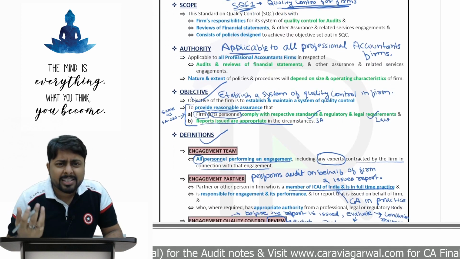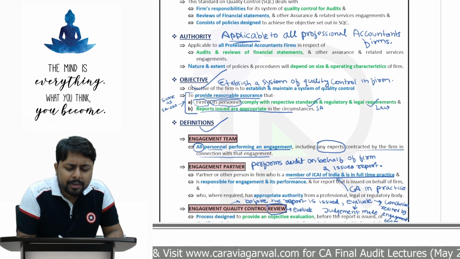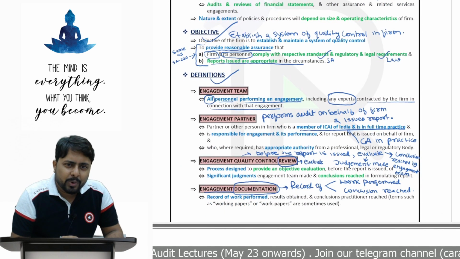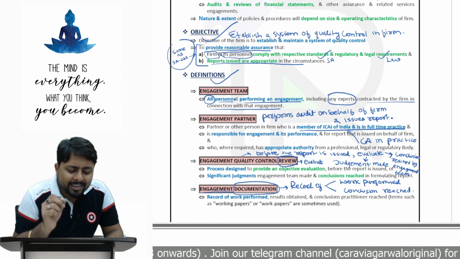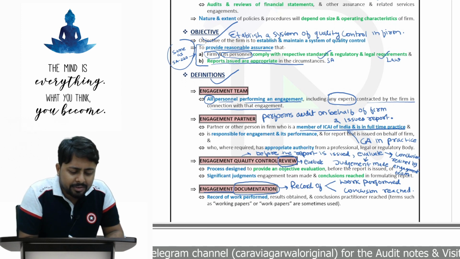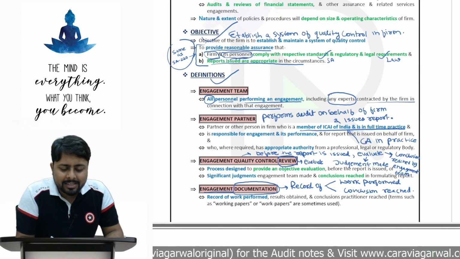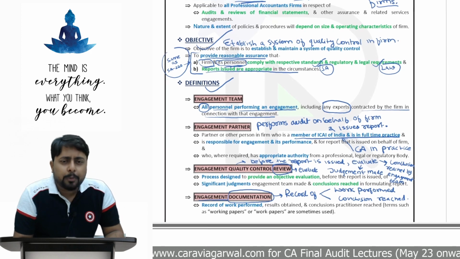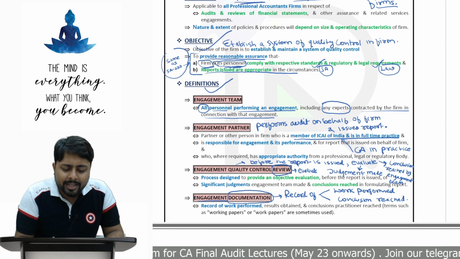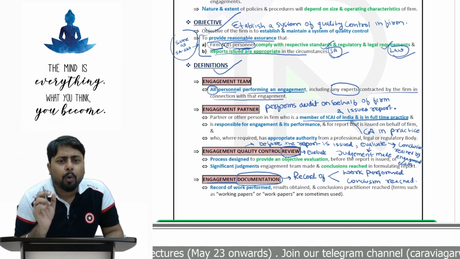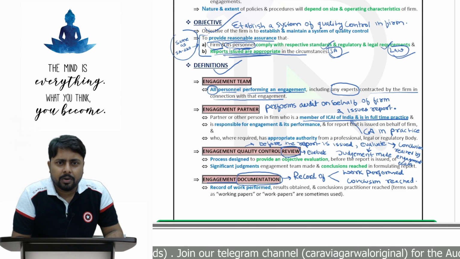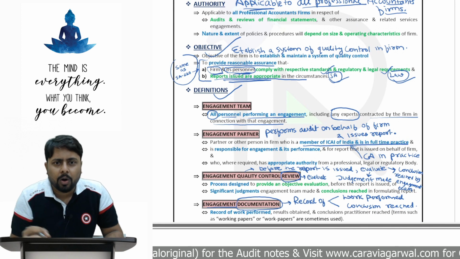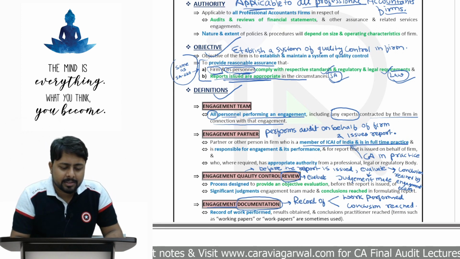So where is this standard SQC1 applicable? It is applicable to all professional accounting firms. So what is its objective? The objective is similar to SA 220, that is to provide reasonable assurance that the firm and its personnel comply with SA and with law, and that the report issued is appropriate in the circumstances.